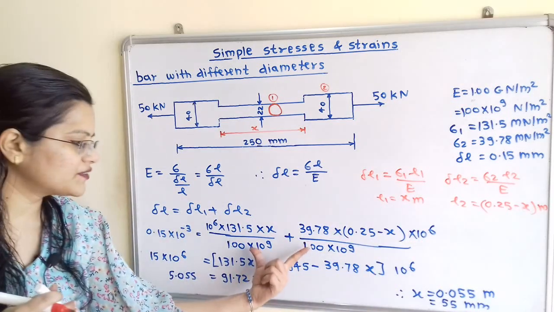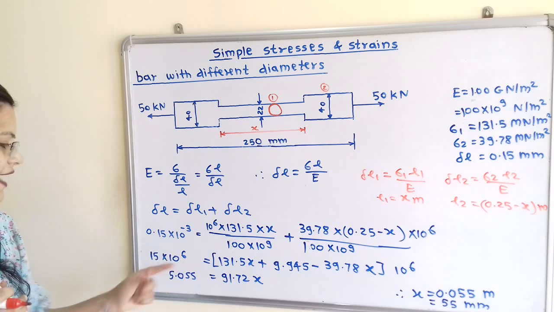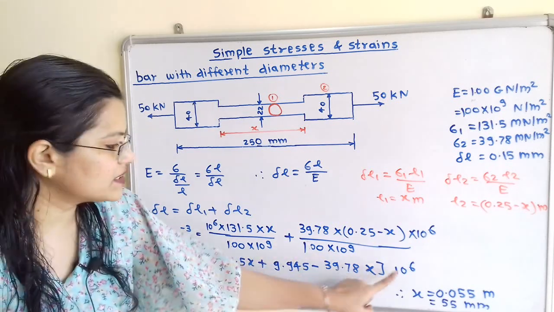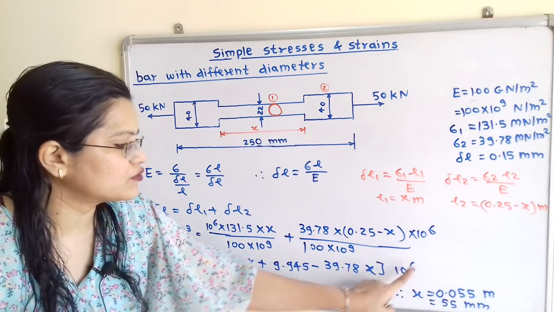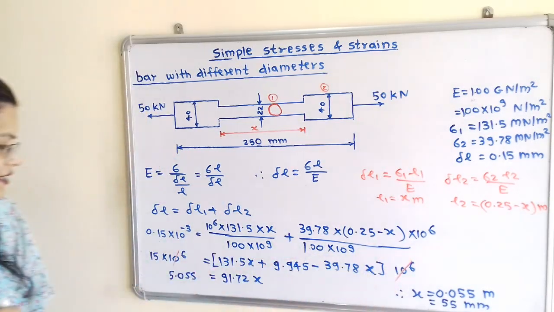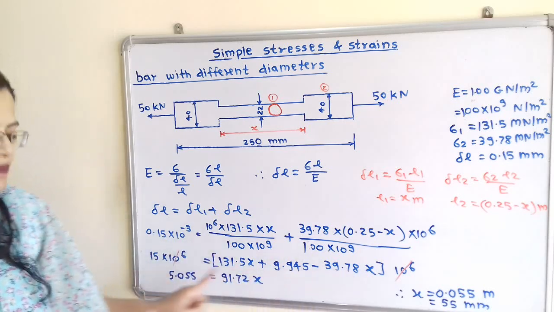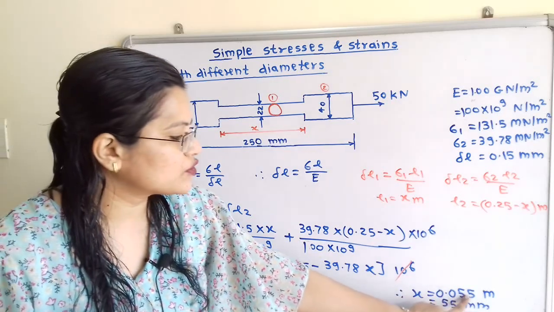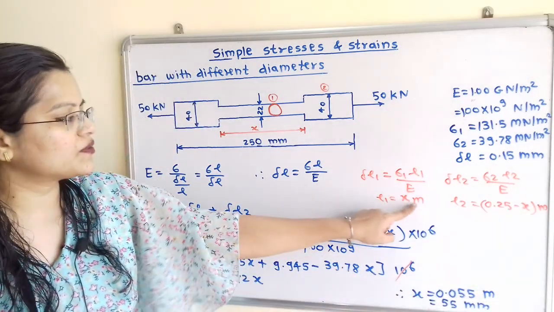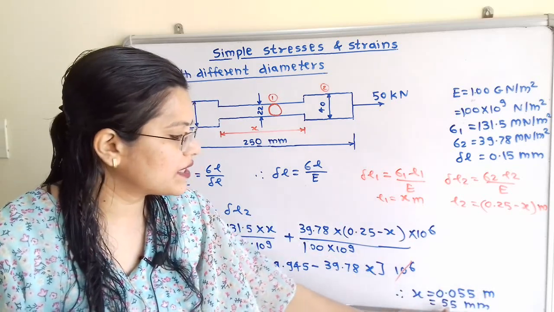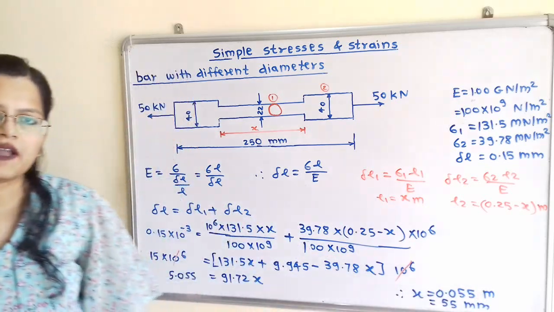If we transfer the denominator term to the right hand side, it becomes 15 into 10 raised to 6, and on the left hand side 10 raised to 6 is the common term, so we cancel it. It is then easy to simplify, and the value of x is equal to 0.055 meter, because x was considered in meter. Converting into millimeter, x is equal to 55 millimeter.